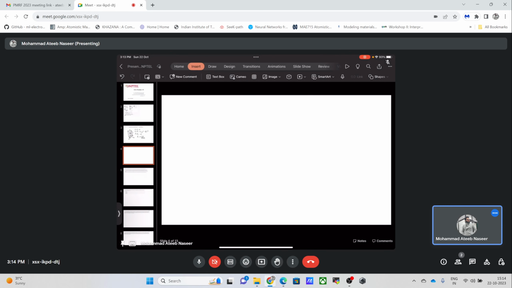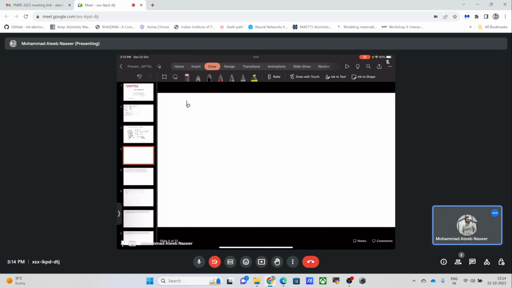So b cross c, if I write these unit vectors, b is a by 2, root 3 by 2, 0, and c is 0, 0, c1. As simple as it gets.